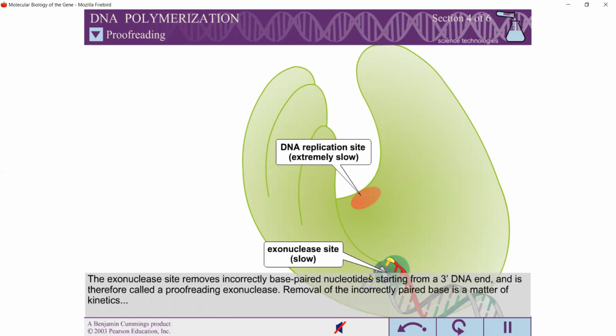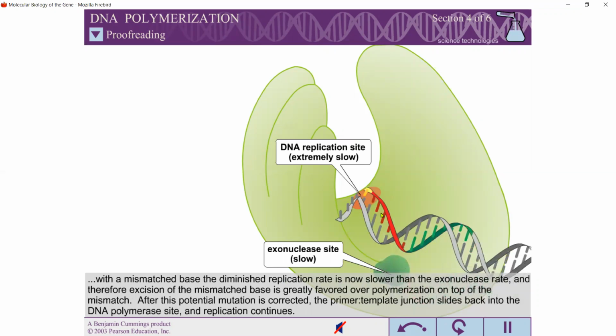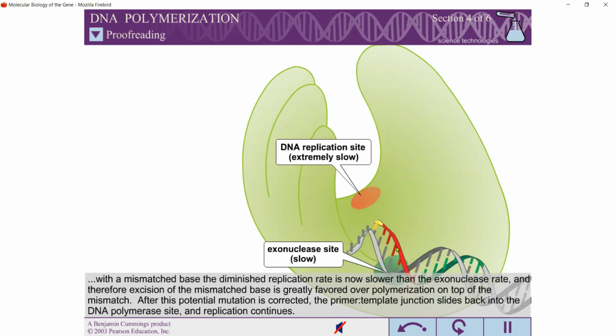As shown in this animation, the exonuclease site removes the incorrectly base paired nucleotides from the 3' end. You can see in this picture that when there's a mismatched base at the 3' end, the primer template junction binds to the exonuclease site.